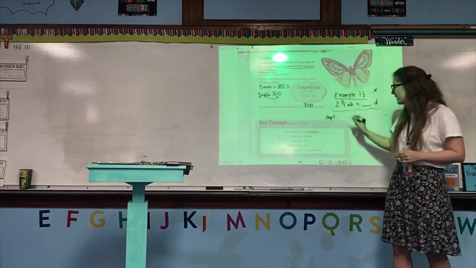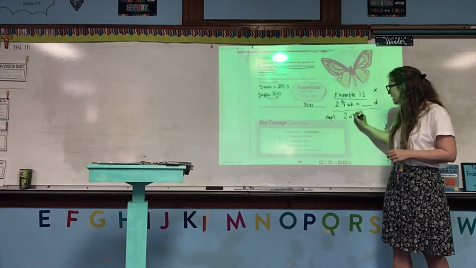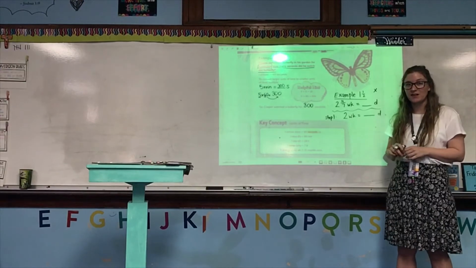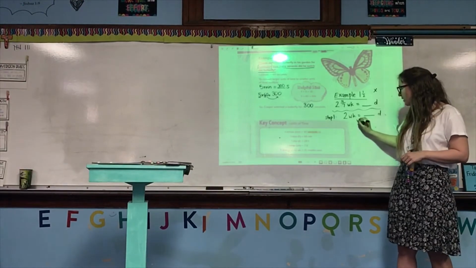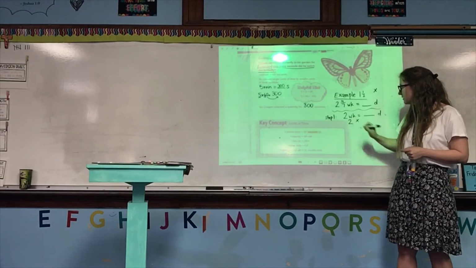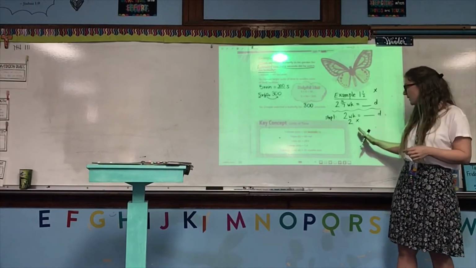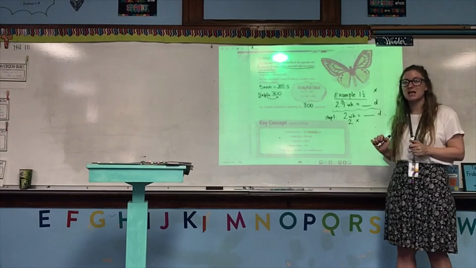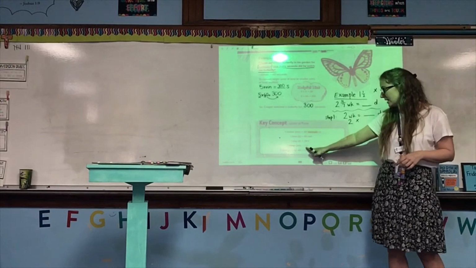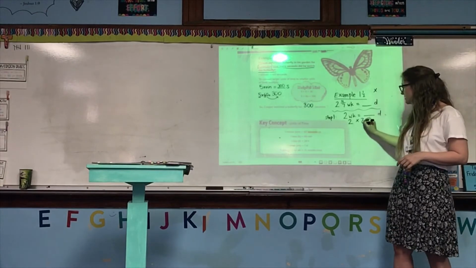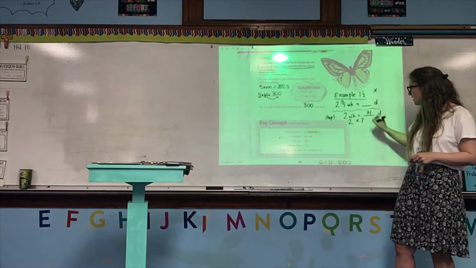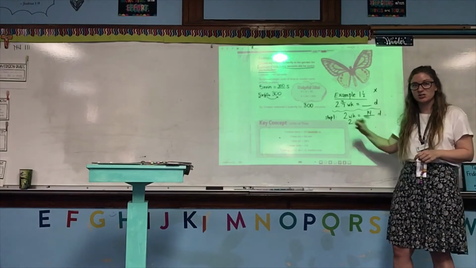And step 1 is to figure out how many days are in the whole. So we know we're multiplying. We start with what we know, which is 2 weeks. And then again, we multiply it by the number of days in a week, not the number of weeks in a week. There are 7 days in 1 week, so we're going to multiply by 7. 2 times 7 is 14, which means there are 14 days in 2 weeks.